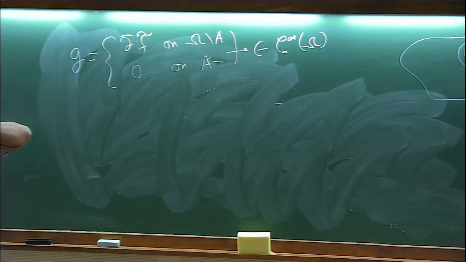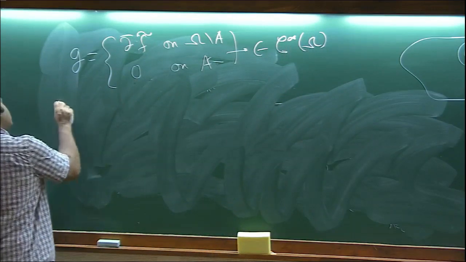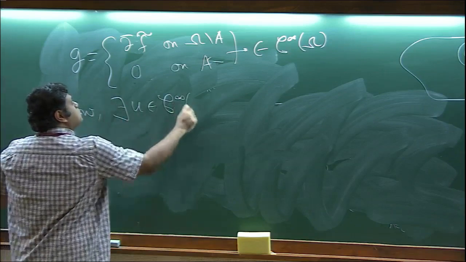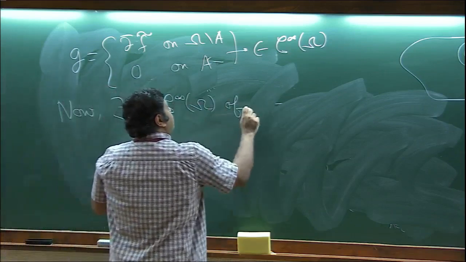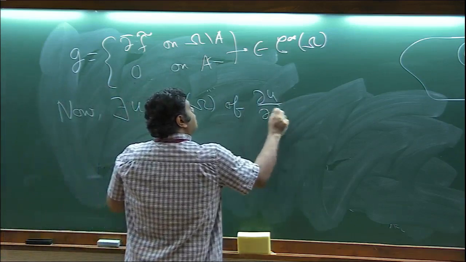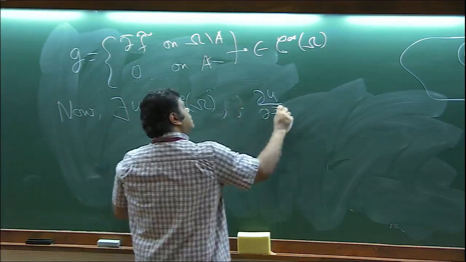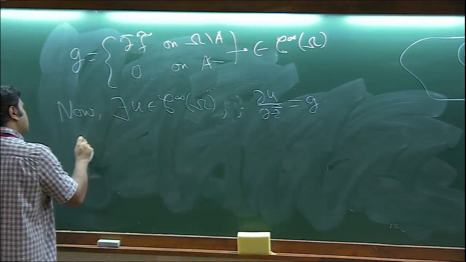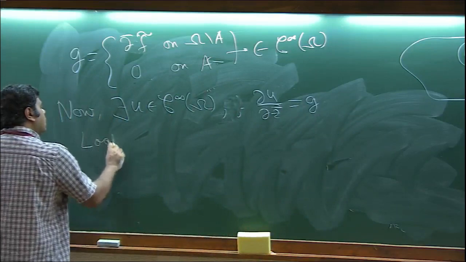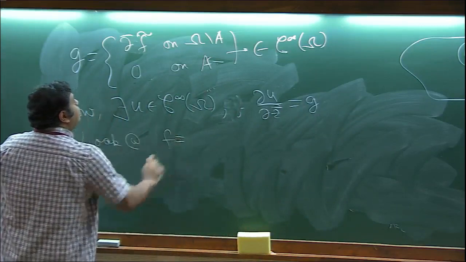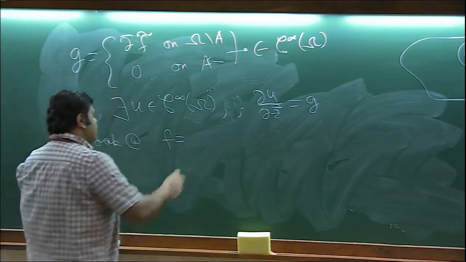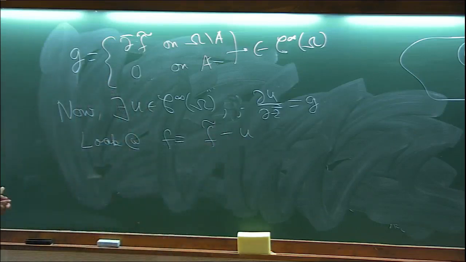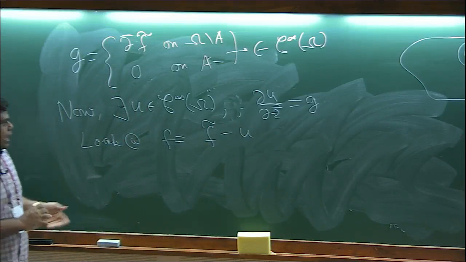Is that clear? So now, by hypothesis, there exists a smooth solution of du/dz bar equal to g. And now let us look at f, which is f tilde minus u. Let's look at this function. Okay? So where is this function defined?